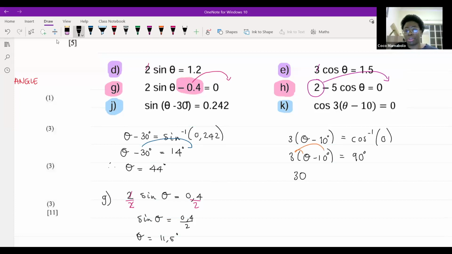So I'm going to end up with 3 theta minus 30 degrees is equal to 90 degrees. And then I'm going to take that negative 30 degrees over to the other side. Gift, you forgot your degrees, so you're going to lose a mark there. Then I will have 3 theta is equal to 90 plus 30, which gives us 120 degrees. And then I'm going to divide both sides by 3. Therefore, theta is equal to 40 degrees.